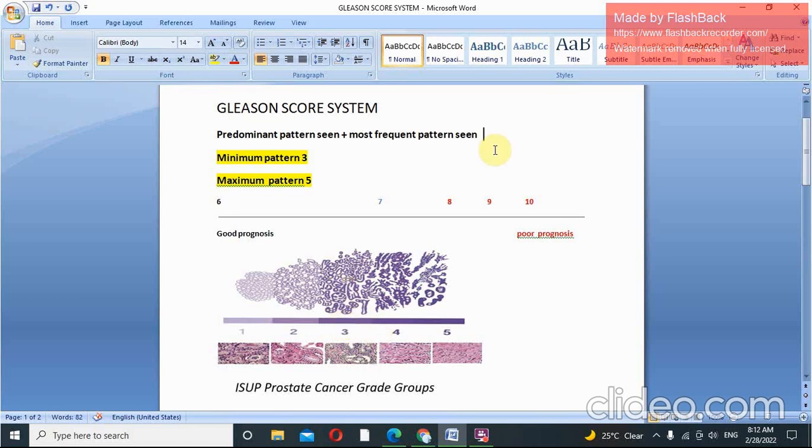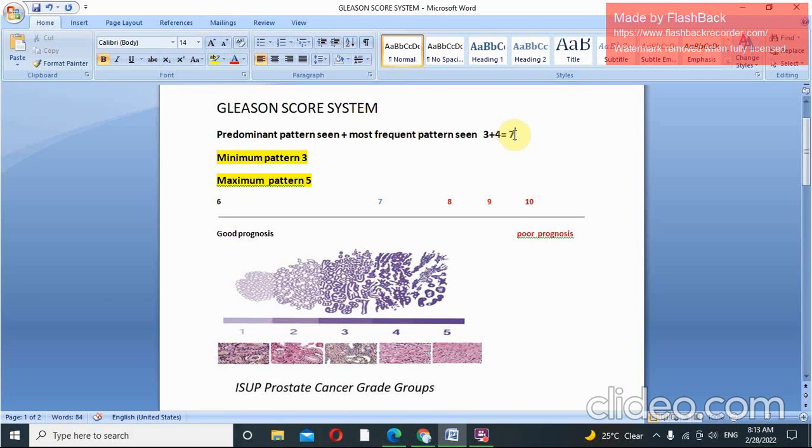Then we add the 3 with the other frequent pattern seen in the biopsy. For example, 75% I am able to see pattern number 3, and 25% I am able to see pattern number 4. Then I add 3 plus 4 together, and the answer will be 7, right?